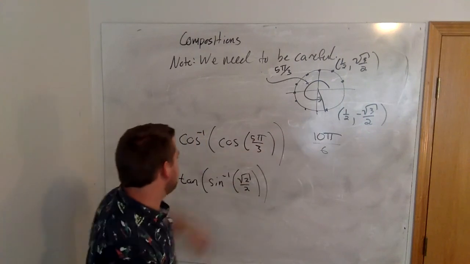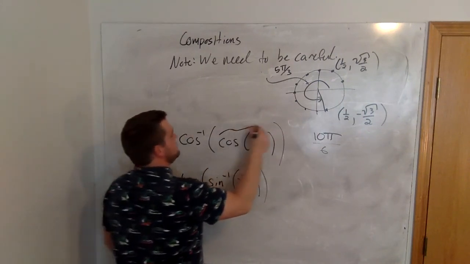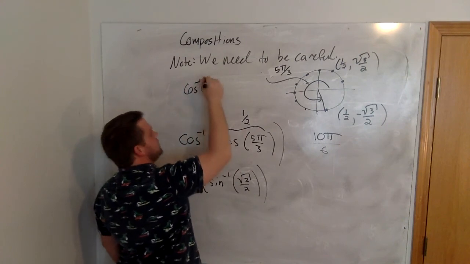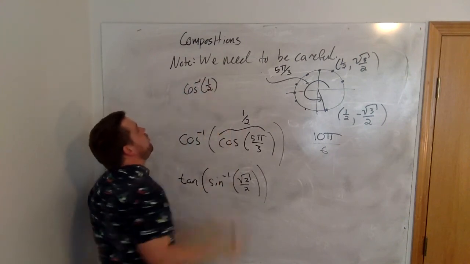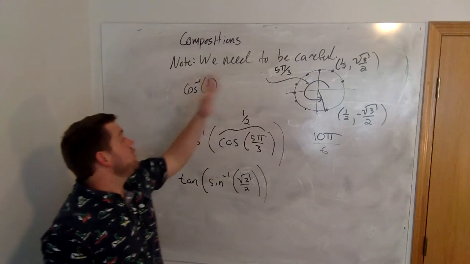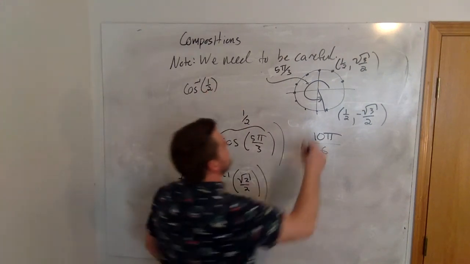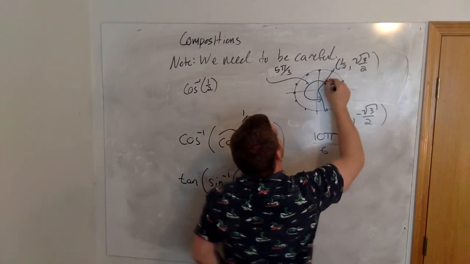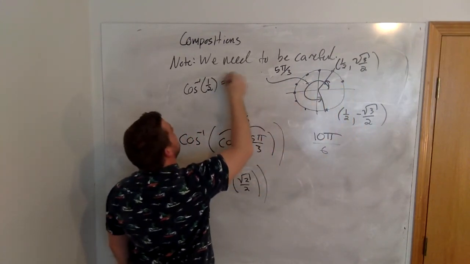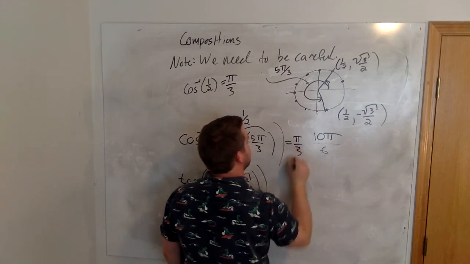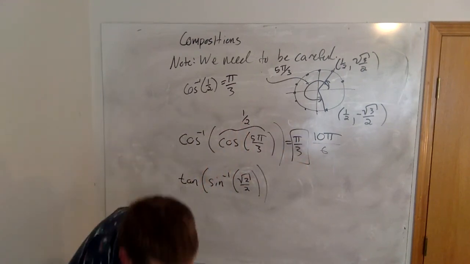That's the x coordinate, that's 1/2. What is the cosine inverse of 1/2? At what angle between 0 and 2 pi do I get an x coordinate of 1/2? Well, that's this angle right here, and that's going to be pi over 3. So the answer here is pi over 3.